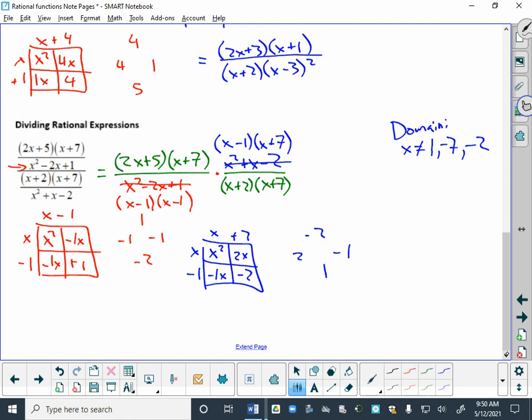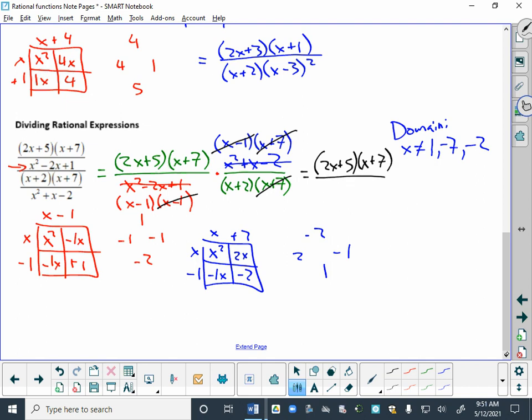But now let's take a look at the simplifying that we can do. One of these x minus 1s can cancel with that x minus 1. They'll equal 1 when we divide them. I've got an x plus 7 here and an x plus 7 there. Those can go, and so what I'm left with in the numerator is just a 2x plus 5 and an x plus 7.